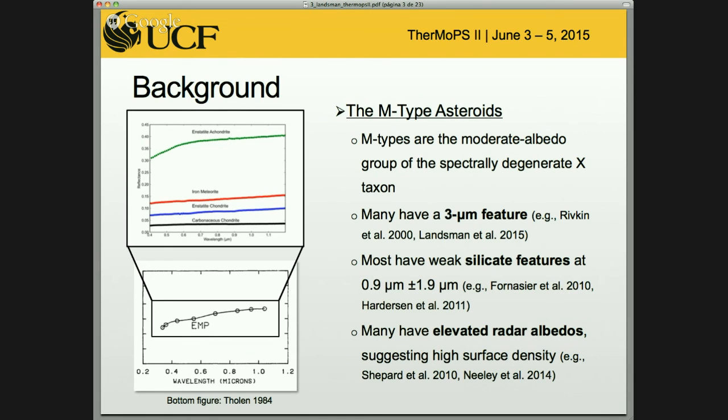But it also turns out that many M-types have high radar albedos. Radar albedos suggest a high surface density, and from that it's inferred that these have a high surface metal content. So it's a weird picture of these things that have hydrated silicates and high temperature silicates and maybe a lot of metal on the surface. So what's really going on there?